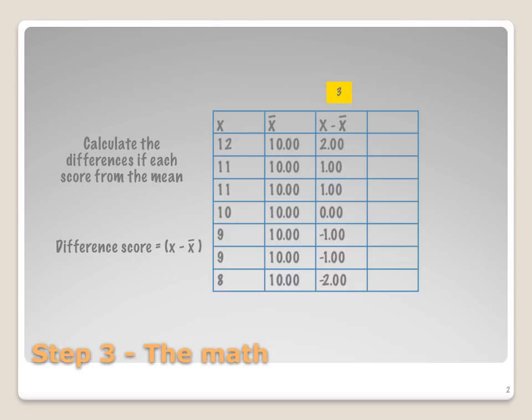And it's just a mathematical trick that because the mean is the balance point of all of the different scores, the sum of those deviation scores is always going to add up to 0. So what we need to do is to get rid of those negative signs.